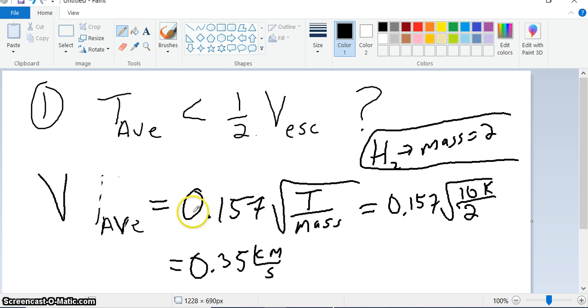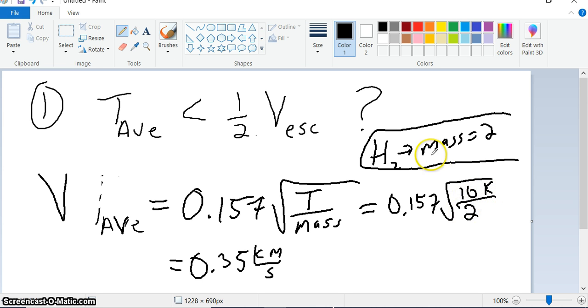All right, so here, let's go back to this. Anyhow, so you got to look this up, right? So for any gas, there's this gas constant, which is 0.157 times the square root of the temperature in Kelvin divided by the mass. And so they give us the temperature in Kelvin. It's 10 Kelvin. So this is a very cold gas cloud.